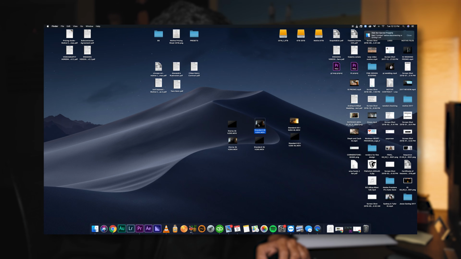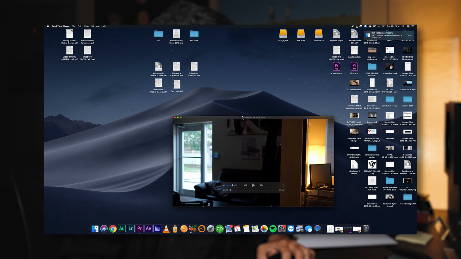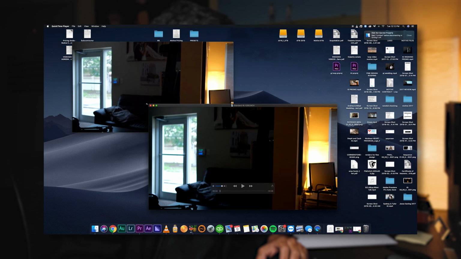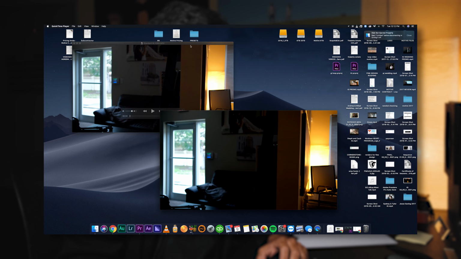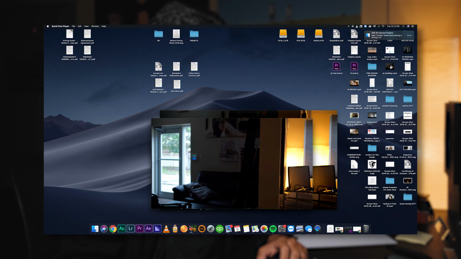This is the problem. Let me open both next to each other. So this is standard h.264, standard h.265, right? And then again, we can just use the little paper thing on the bottom right corner. This is h.264, h.265. Look at the difference.